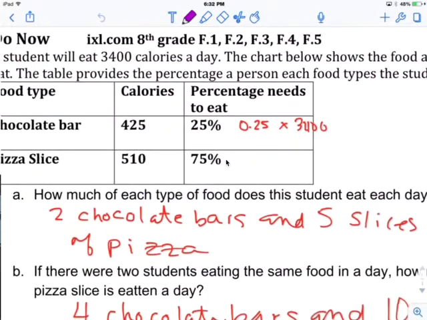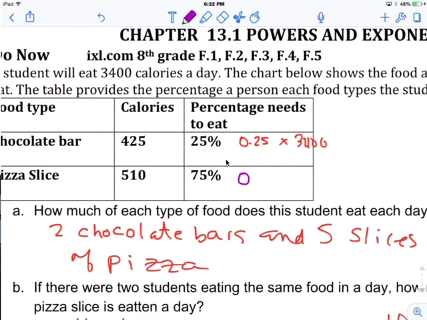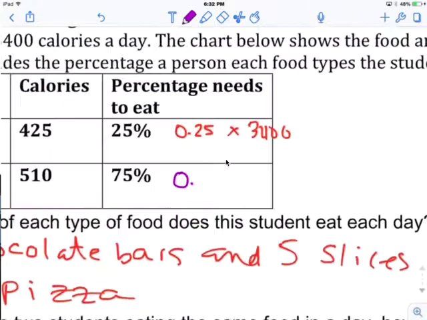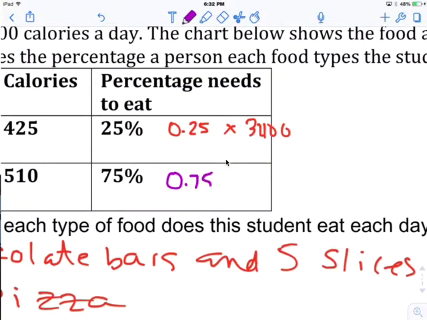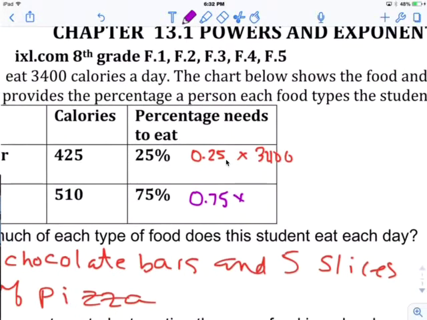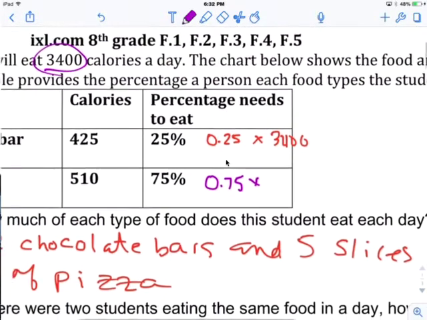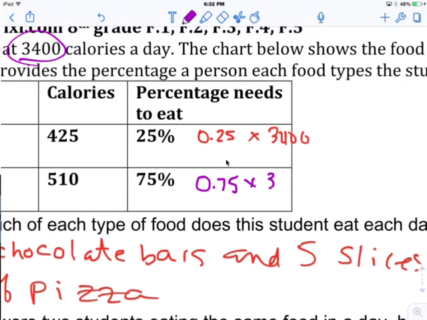Then we start this in class. You guys don't know how to do this yet. Make these into a decimal. Times it by the total calories per day. Get that answer.